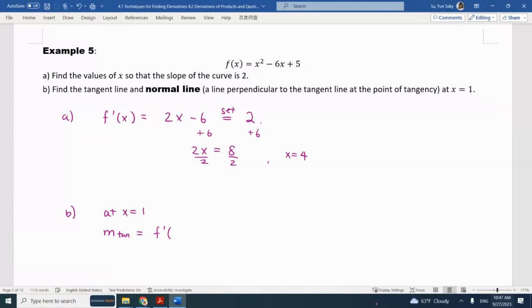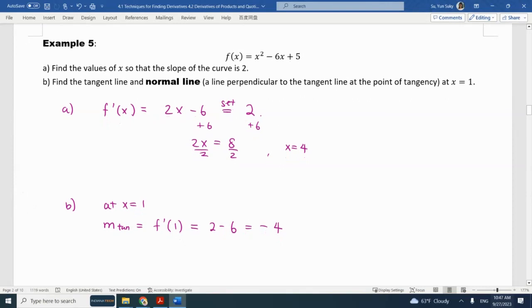We plug in x is 1. When you plug in x is 1, what do you get? 2 minus 6, right? Negative 4. This is the m tangent, right, everybody?